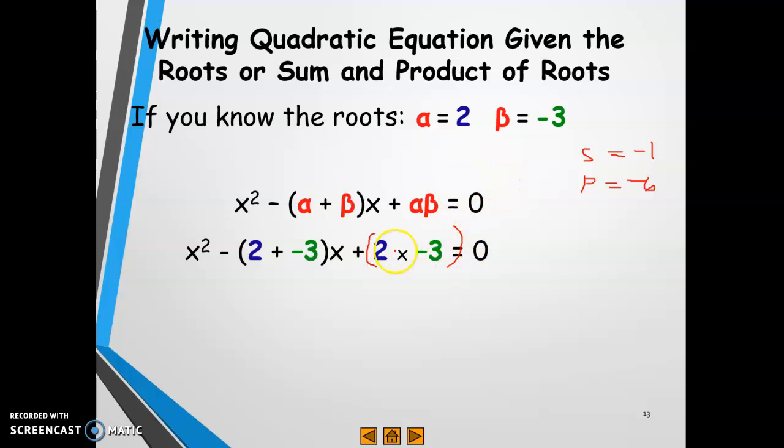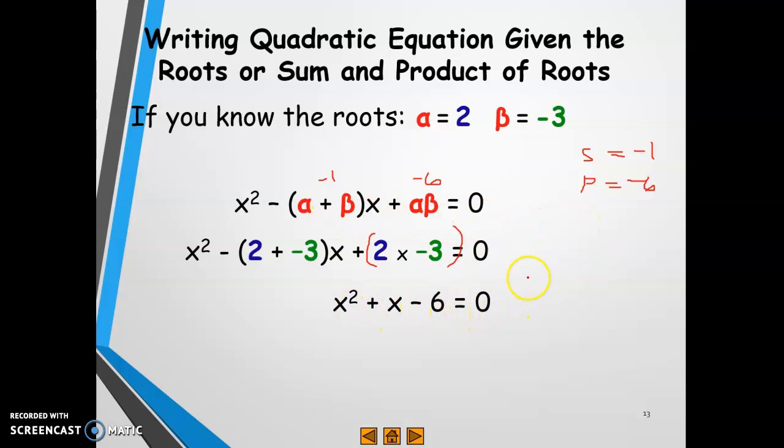If you go directly replacing the values, the sum is -1 and the product is -6. So it will give you x squared, since negative times -1 is +1, +1x, and minus 6. Therefore, your equation is x squared plus x minus 6 equal to 0.